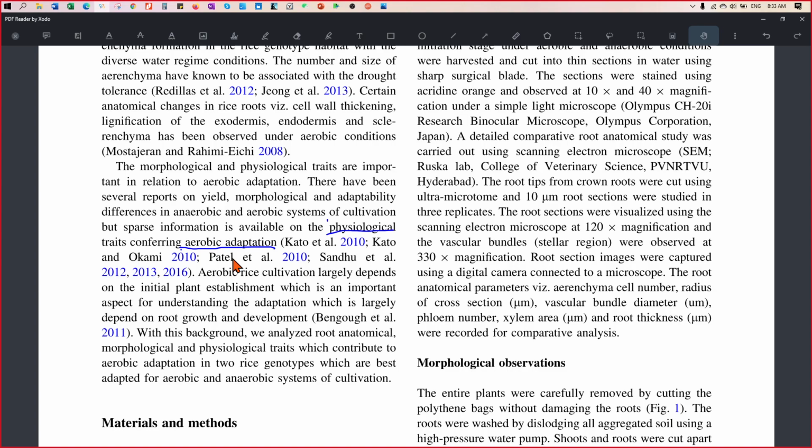But if the study is not reproducible and you got completely opposite results, then the study can be questionable. There are many factors, but things are not yet written in stone. Okay, aerobic rice cultivation largely depends on the initial plant establishment. So plant establishment is very important.